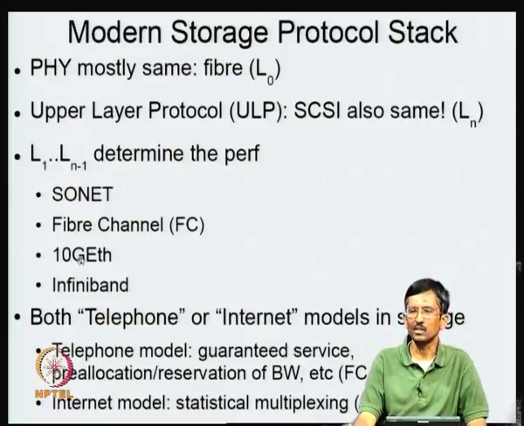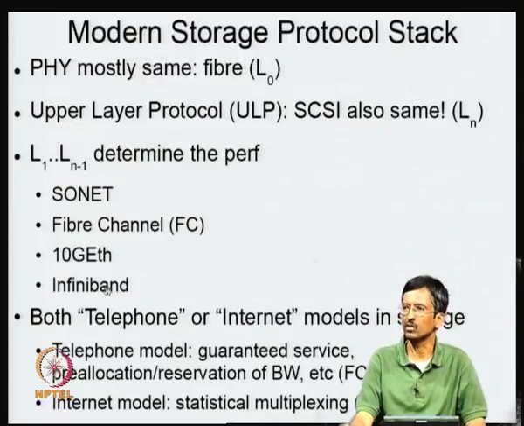You will see that with the speeds of gigabit Ethernet, etc., and higher speeds like 10 gigabit Ethernet, this also has become very attractive. And there is also another model called InfiniBand, which was devised as what is called a system interconnect. That means connecting CPUs, not necessarily storage. So this has also been attempted to be used to interconnect storage and multiple storage units along with the computing engines. So there are various possibilities.